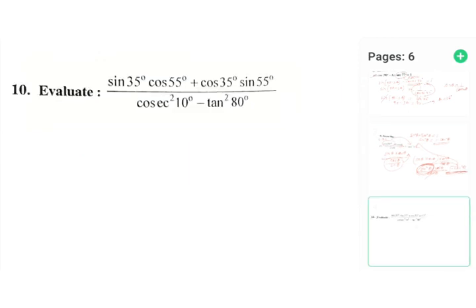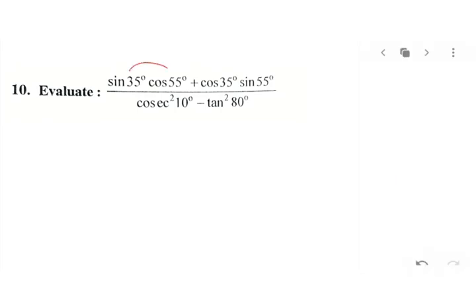Next you have evaluate. That means you have to find the value. Now you have sin 35 cos 55 plus cos 35 sin 55 upon cosec square 10 minus tan square 80. Look my dear kids, from sin and cos I am converting one. I'll keep sin 35 as it is.